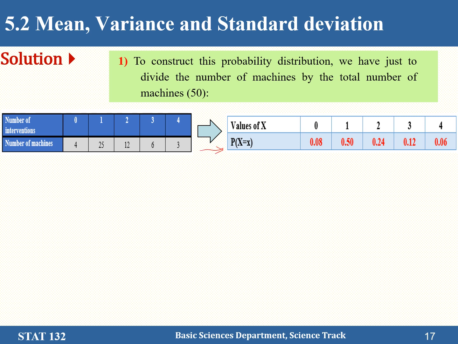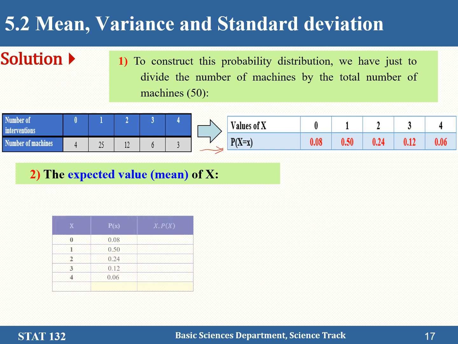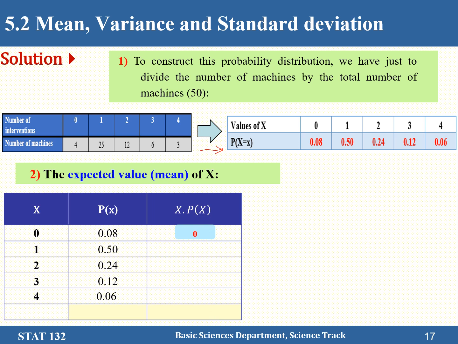Then we can calculate the expected value of x. So this is how we calculate. You can make a table for it, or you just multiply these and add. Okay, here is another way to do it with a table. So you put the probabilities and you multiply them.